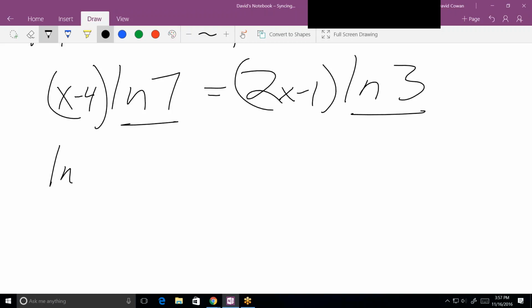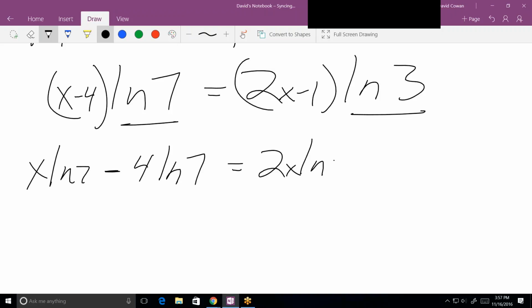I got natural log of 7 times x minus 4 natural log of 7 equals 2x times natural log of 3 minus natural log of 3. You with me? Yeah. How do I solve for x?